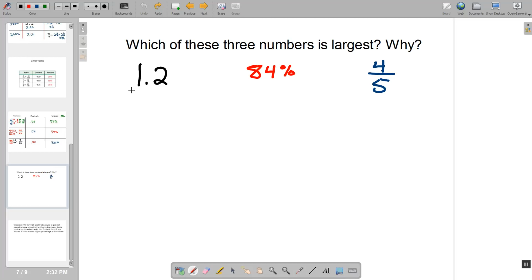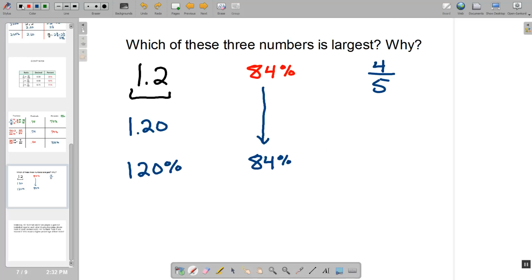So, for the first number, in order for this to be a percent, we need it to be per hundredth. Well, I know 1 and 2 tenths is the same as 1 and 20 hundredths. Well, 100% is 1, so this should be over 100%, or 120%. The second problem is already in a percentage, so I can leave it as 84%.